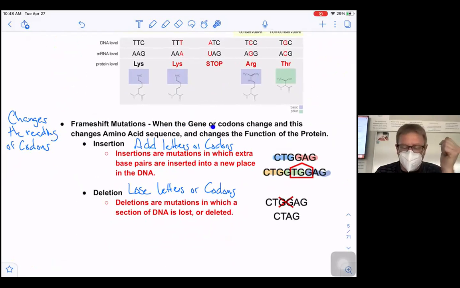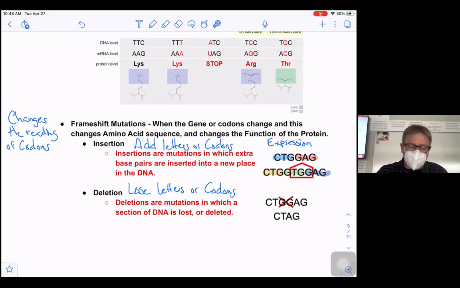So it's when the gene or codons change, and this changes the amino acid sequence, and it changes the function of the protein, and it also changes the expression. So again, when we change the expression, this can lead to greater variation, right? This could lead to a higher fitness. So again, these mutations aren't necessarily bad things. So don't forget that part.